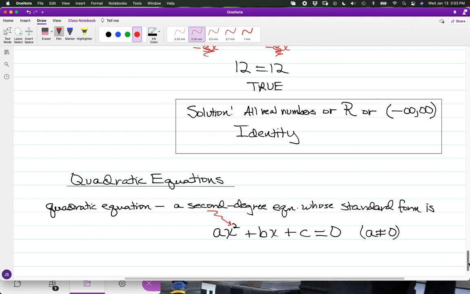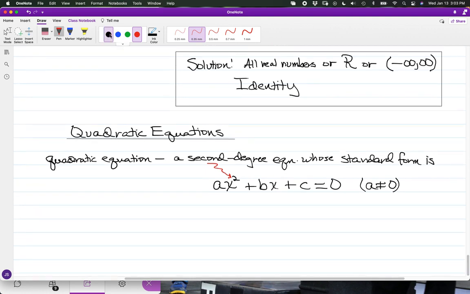Now, for quadratic equations, there are various techniques that can be utilized, given the type of coefficients involved. One common approach is going to be the zero product property.